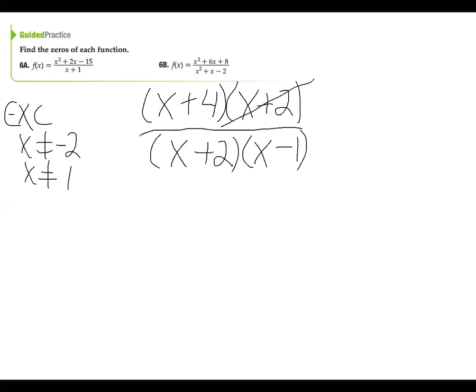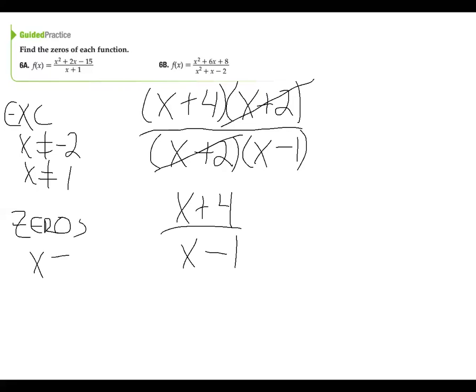You cancel out a common factor of x plus 2, so you have x plus 4 over x minus 1. And then the zero is when x equals negative 4, because that's what makes the numerator 0. So again, excluded values are what make the denominator 0. The zeros of the function are what make the numerator 0 after you cancel out any common factors.